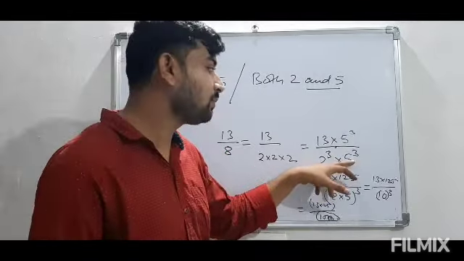Now suppose we take an example in which we have factors like this. So we were discussing this: it was 1 upon 2 power 3 and 5 power 2. So the maximum power of either 2 or 5 is 3.